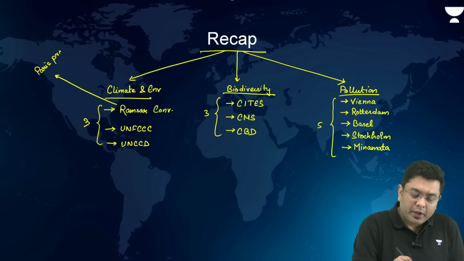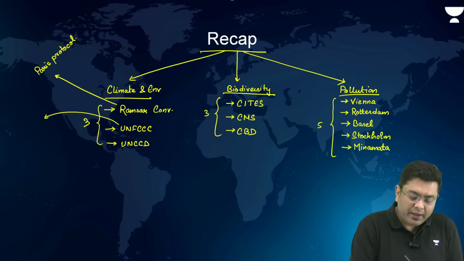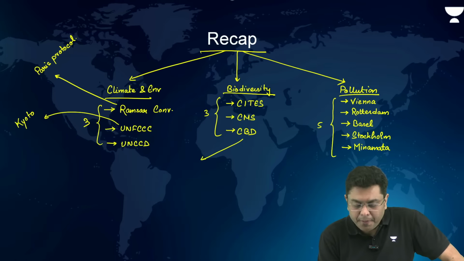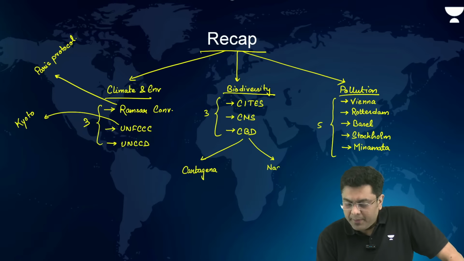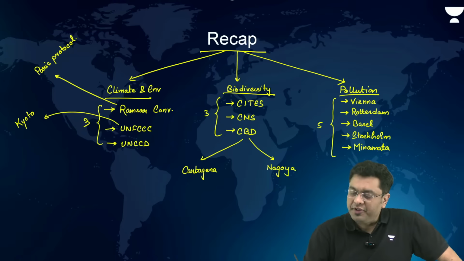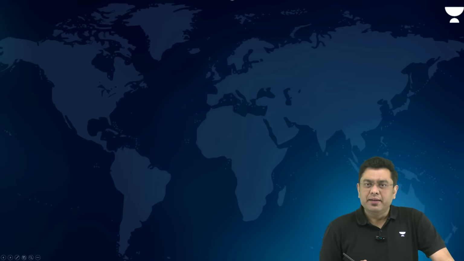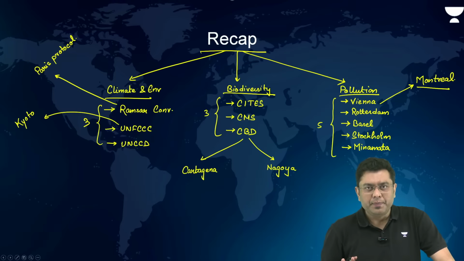Then UNFCCC has got Kyoto Protocol and the Paris Agreement, right? Then CBD has got Cartagena and Nagoya, okay? And then Vienna has got the Montreal Protocol, okay? These are the various different conventions, okay?